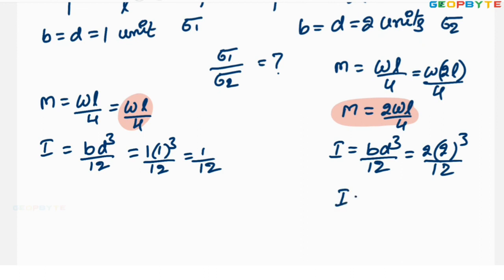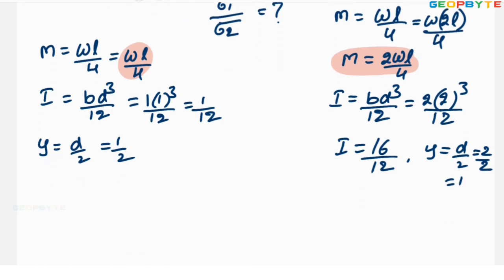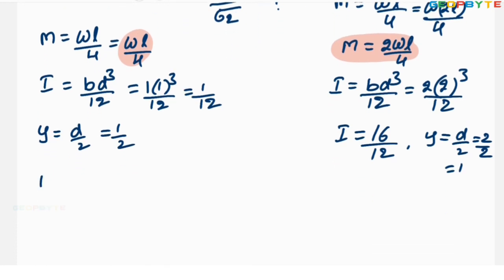So I equal to 16 by 12. Y equal to D by 2, here y equal to 2 by 2, that is equal to 1. Now bending equation is M by I equal to sigma by Y is equal to E by R.